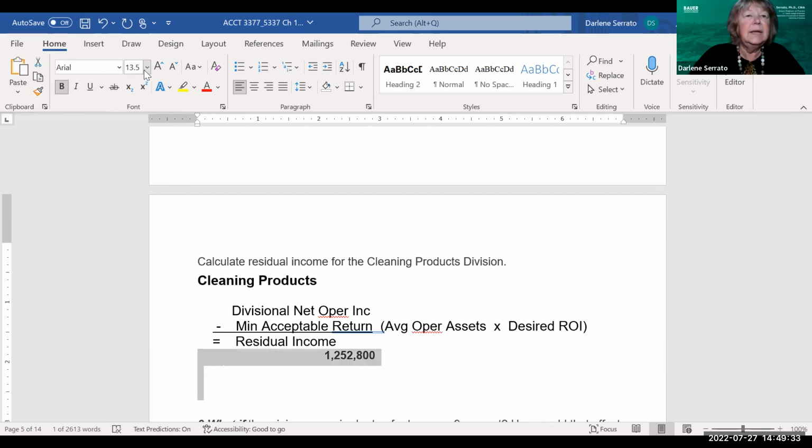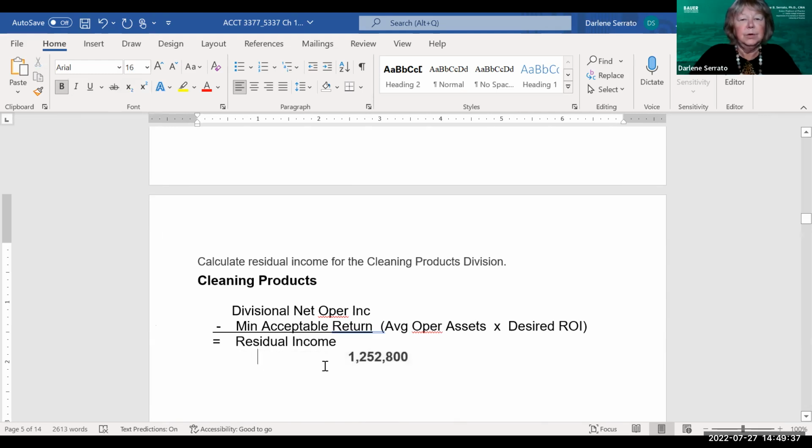We're going to need to calculate minimum acceptable return, which is going to be 0.08 times average operating assets of 5,800,000.